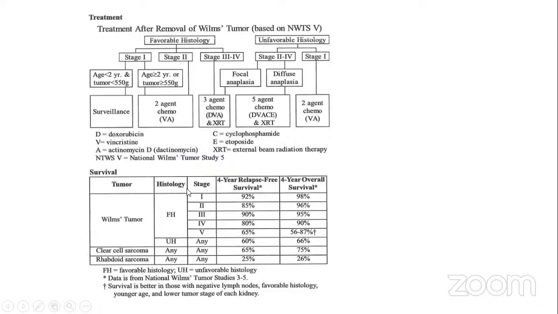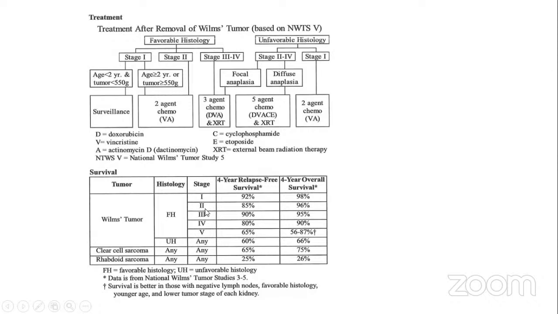the survival rates. Wilms tumor stage 1, the 4-year free survival rate is 92% and the 4-year overall survival is 98%. Stage 2 is 85% in 4-year free survival and 96% overall.